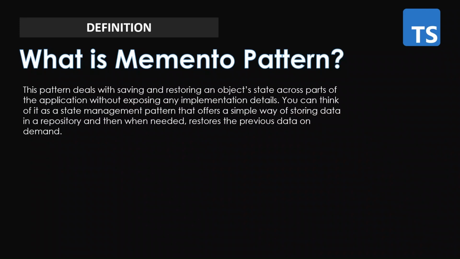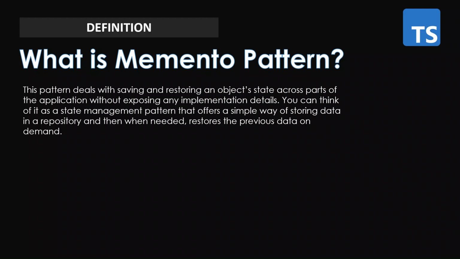Memento pattern. So this pattern deals with saving and restoring an object's state across parts of the application without exposing any implementation details. So see, you might have worked with Redux, or in Angular you might have worked with RxJS, or state management libraries, MobX and all.